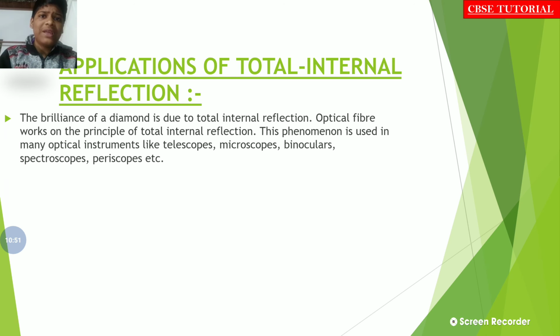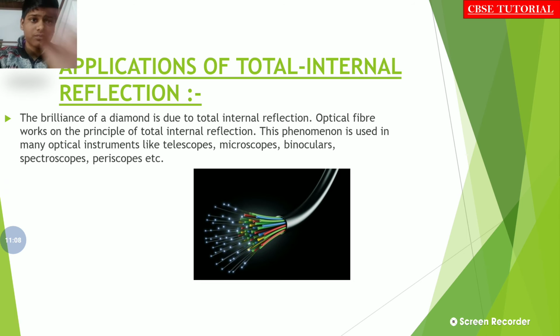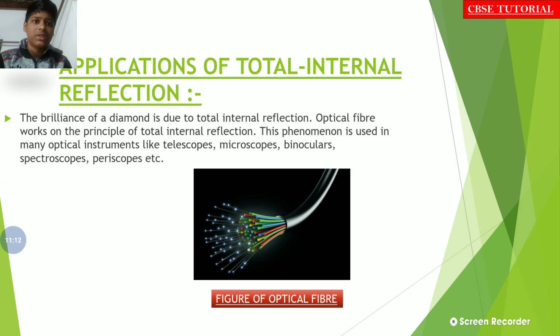And the second application that we use in our day-to-day life is the optical fiber. So what is an optical fiber? An optical fiber is an imaginary wire. If I visualize that optical fiber, it will look like this. This is the figure of an optical fiber, which brings the internet connections to our homes.